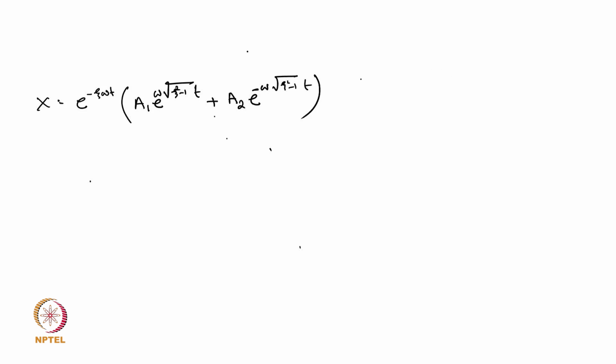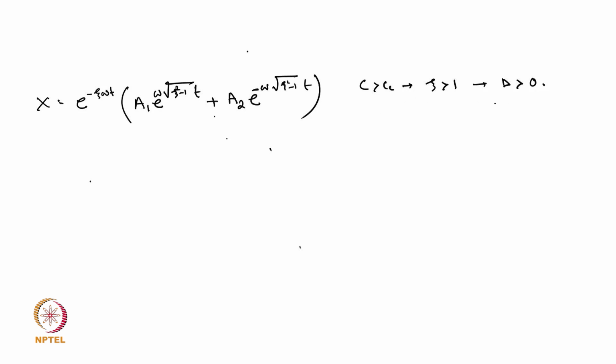So now there could be two cases. One condition is that C is greater than Cc, that means xi is greater than 1, and delta is greater than 0. That is one case.